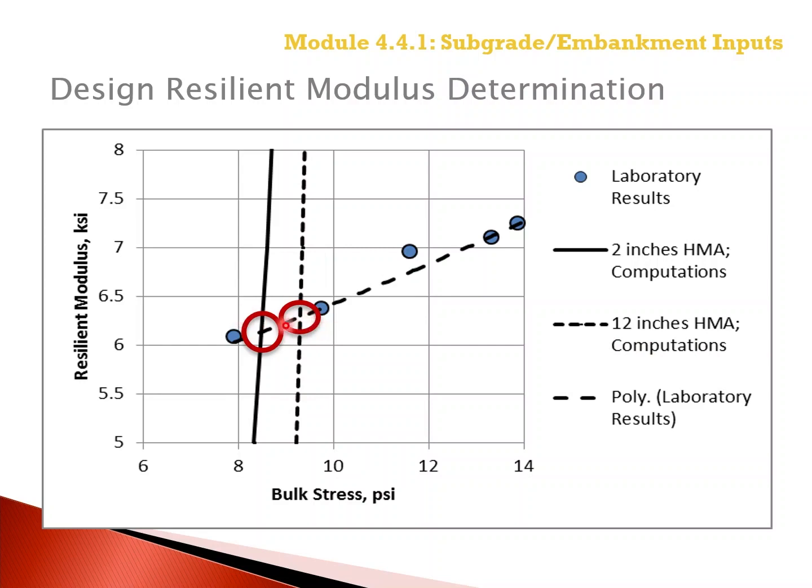The actual resilient modulus for both of these structures, 6,100 versus about 6,300 psi, effectively there is no difference in terms of a design structure between these two modulus values.